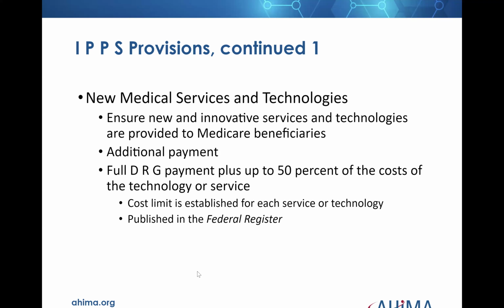And there are all kinds of regulations with the FDA and others about usual cost and all these other things that come into play here. But suffice to say, if you have an approved new and innovative service technology that's been approved by the feds, they will allow a full DRG payment plus up to 50% of cost of the technology or the service.